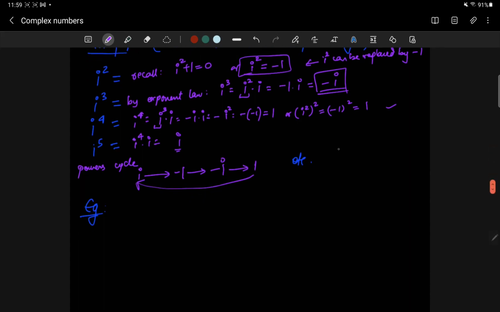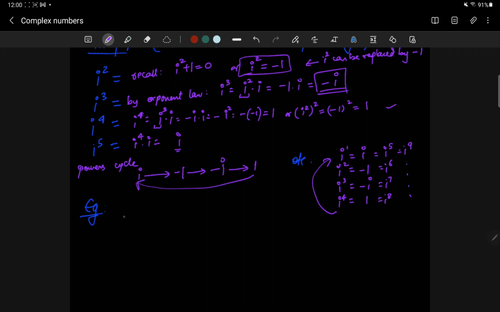The way to put that is i to the power 1 is i, i to the power 2 is negative 1, i to the power 3 is negative i, i to the 4 is 1, and then back. So this would be i to the 5, i to the 6, i to the 7, i to the 8. Then this would be i to the 9, and so on.